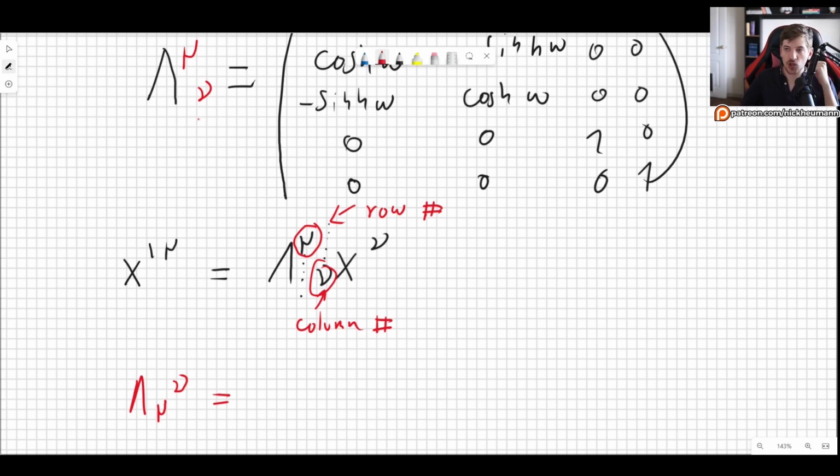If we want to lower mu, we need eta with a mu down here, and then the new name for the index, which you can choose however you like. I'm going to choose lambda, so this one is going to lower the mu. Then we need eta with nu, which is going to contract with the nu and raise it, and we take a new name, rho. Now we need lambda with the indices up here, lambda rho. This lambda will contract with the lambda, rho will contract with the rho, and we end up getting lambda mu nu.